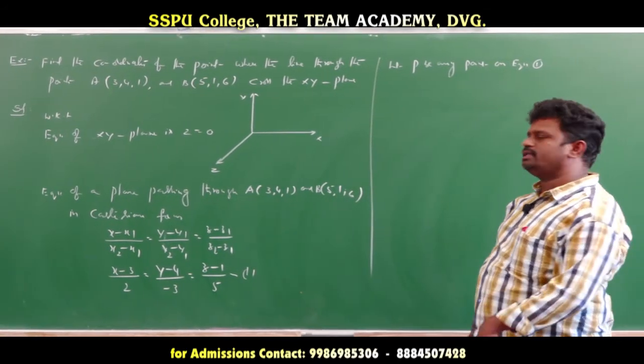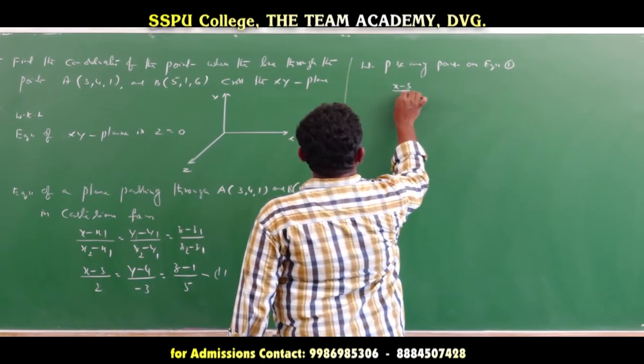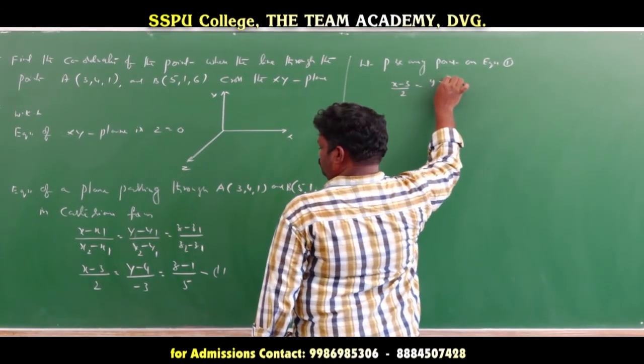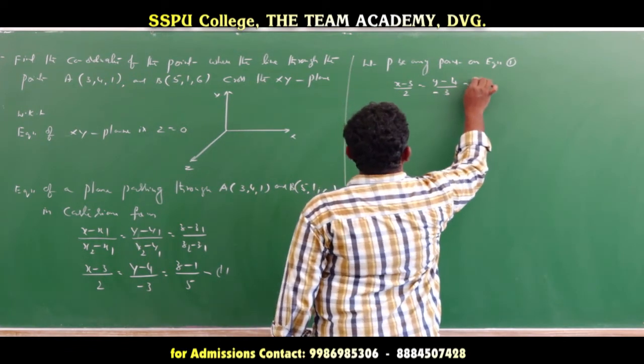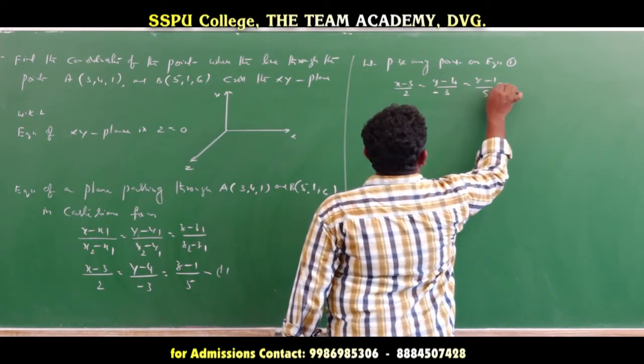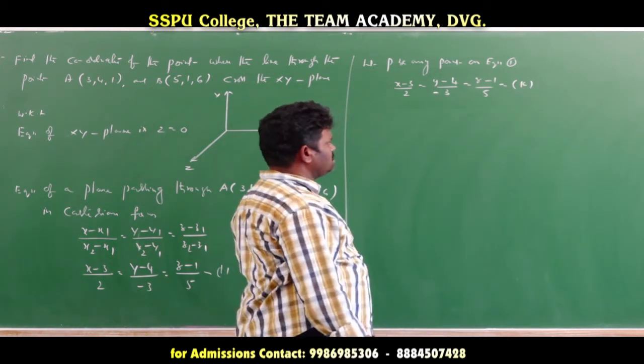Then x minus 3 by 2 is equal to y minus 4 by minus 3 is equal to z minus 1 by 5 is equal to some k or lambda; anyone you consider, no problem.